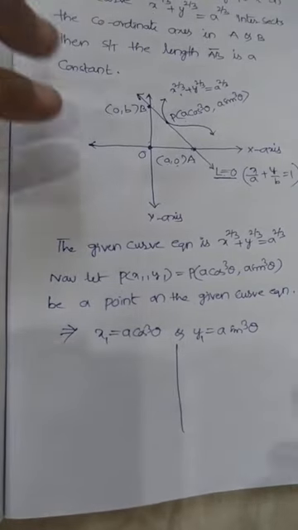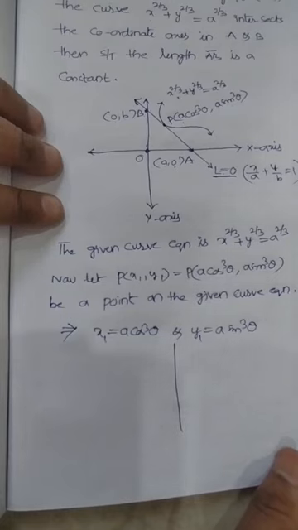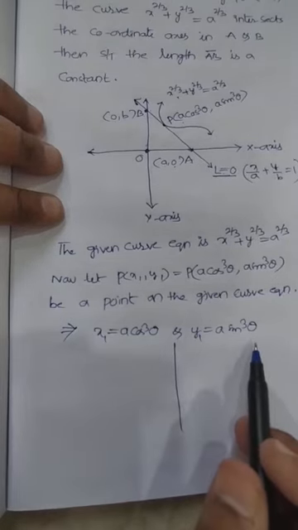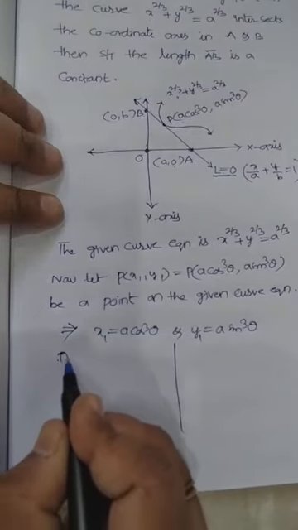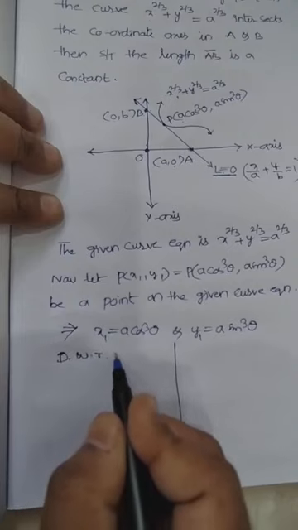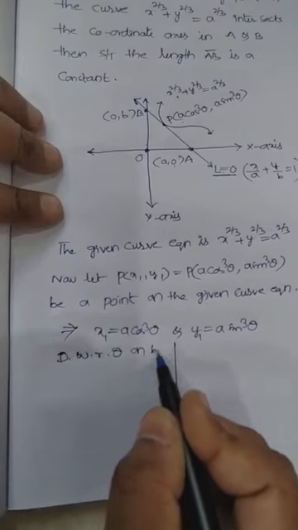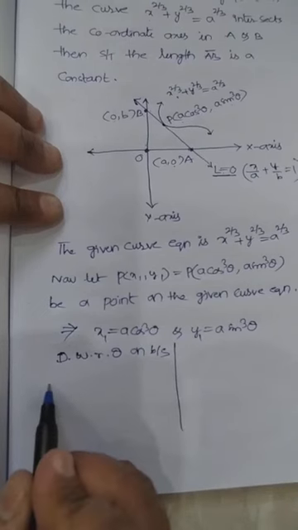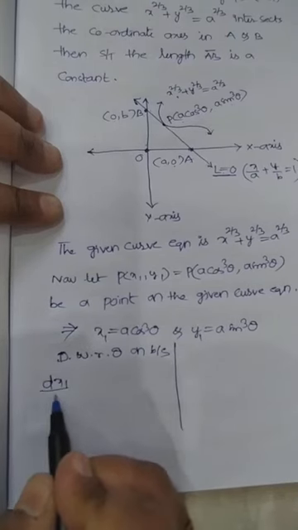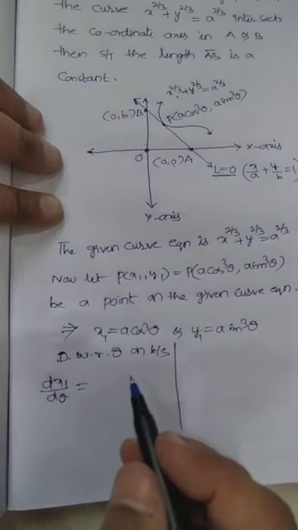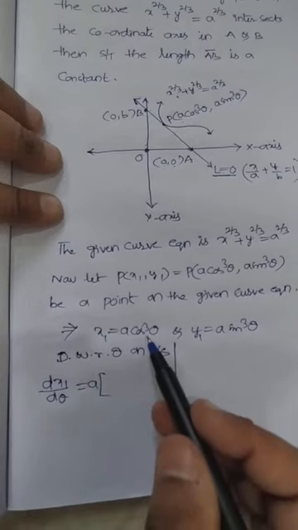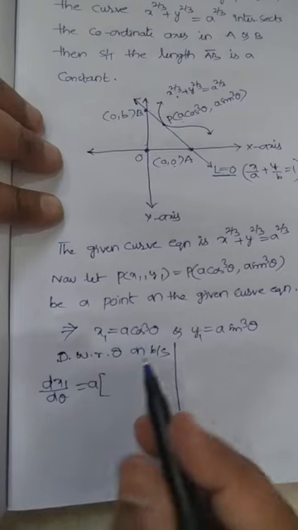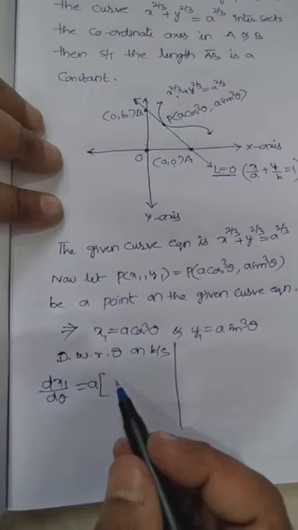These two are in terms of thetas, so we have to differentiate both functions with respect to theta. Differentiating with respect to theta on both sides, dx1 by d theta is equal to a into, same as we did in our previous classes, x power n means n into x power n minus 1.